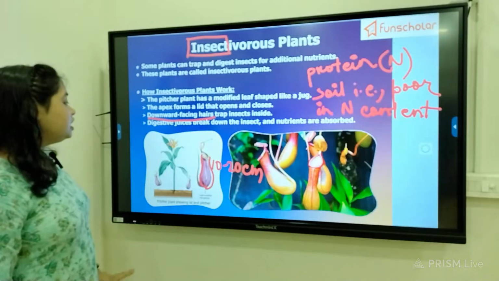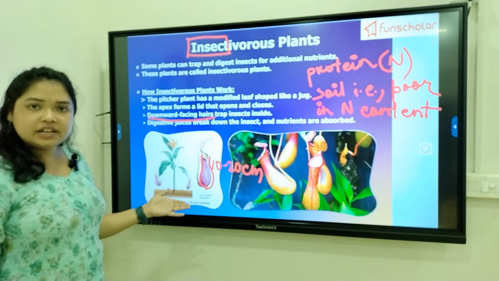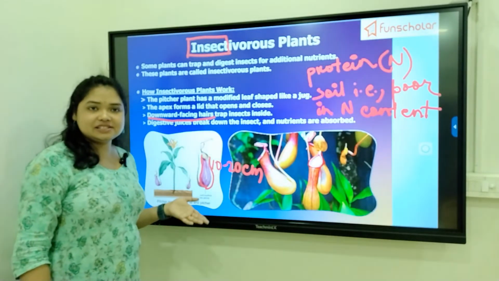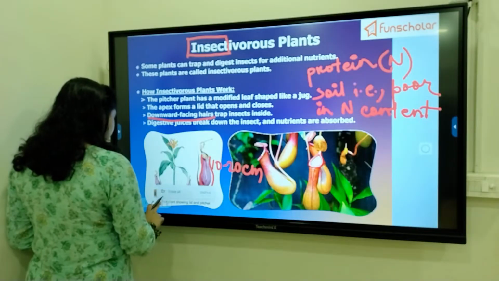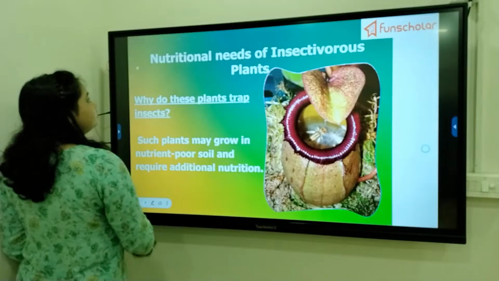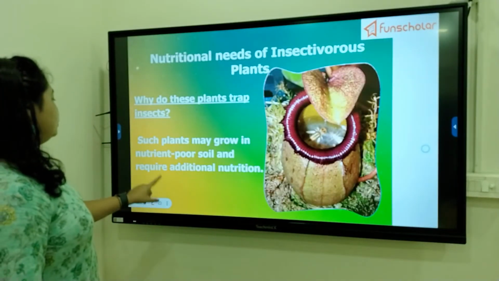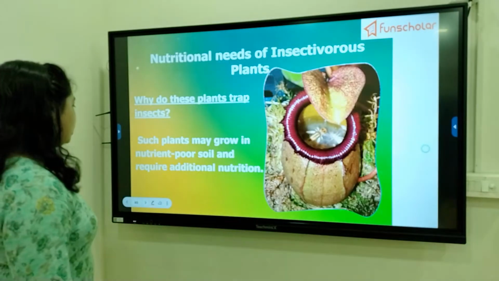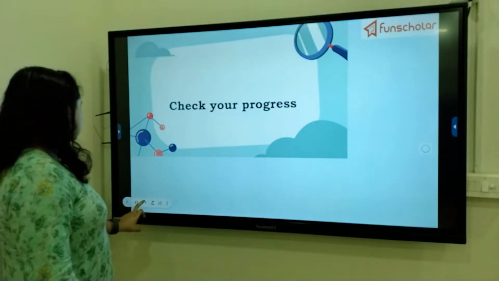These hairs push the insect inside the pitcher so that it can be killed, digested, and nutrition can be obtained from it. See, I told you that in nutrient-poor soil, that means particularly nitrogen-poor soil, this happens.